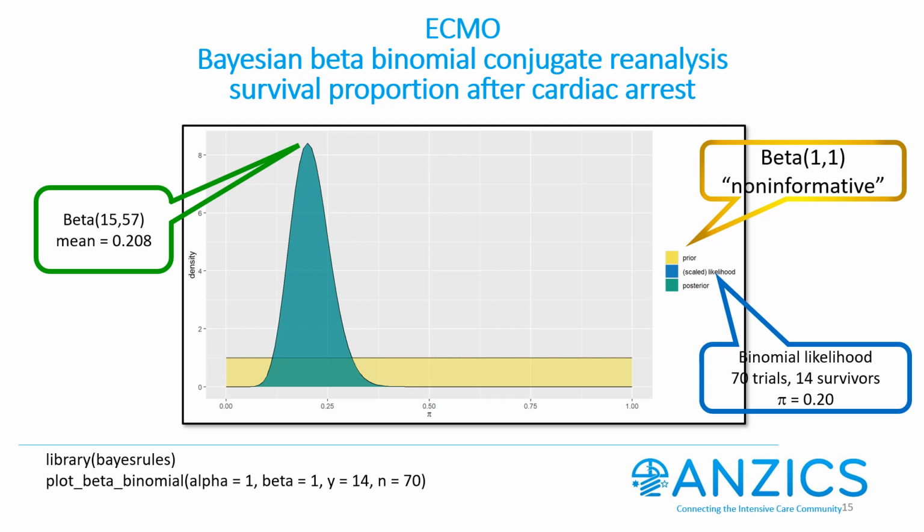That's a blue curve hidden exactly behind the green curve, which is our final answer. Putting the beta with the binomial, we get that posterior probability of a beta of 15,57, in other words, a mean of about 20.8. So that is incredibly similar to the binomial likelihood that a frequentist would report to us, because it must be. We've not given any new information. Our non-informative prior means that, in fact, both the Bayesian analysis and the frequentist analysis have only got the data to work with, and they'll return essentially the same order of magnitude of estimate.